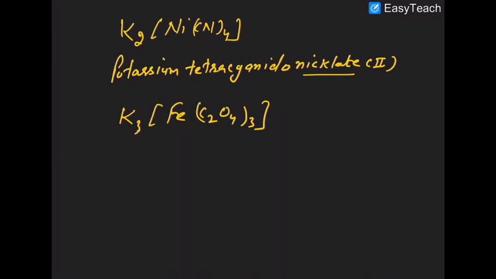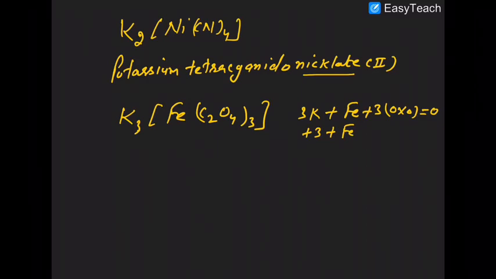Okay, clear? So here iron again exists in +3, because potassium is 3, and there are 3 oxalato ligands, overall 0. Potassium has +1, oxalate has a charge of -2, so overall iron is +3.